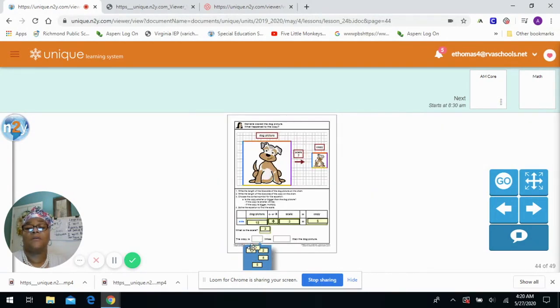What do we say? 3 times what? Bigger or smaller? 3 times smaller than the picture. So that's what they mean by scale.